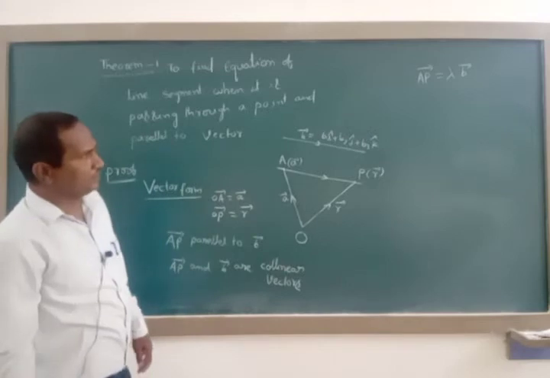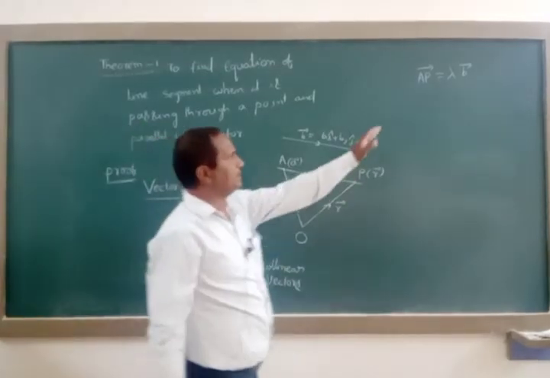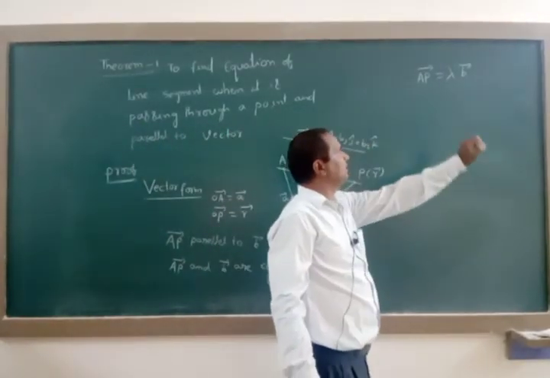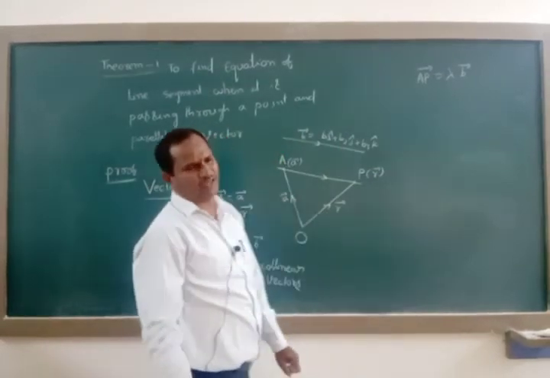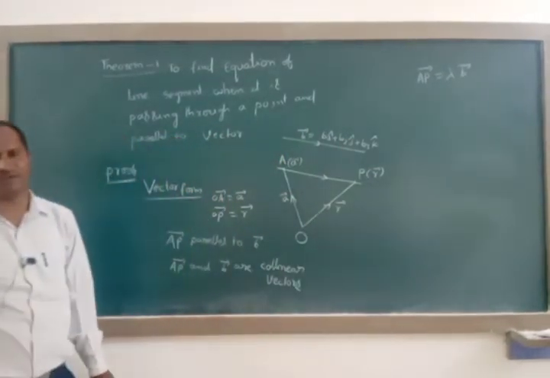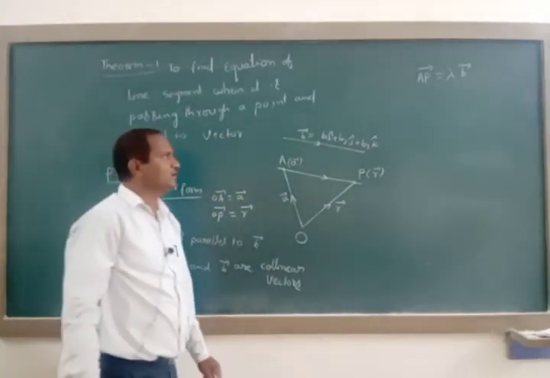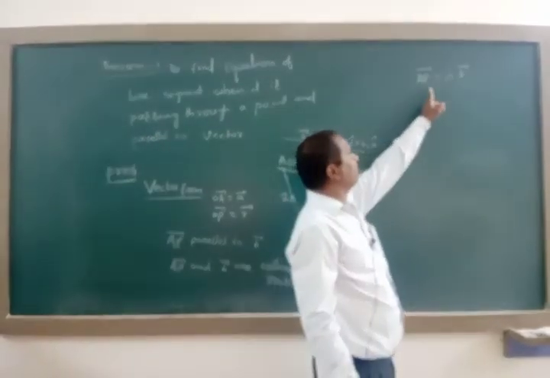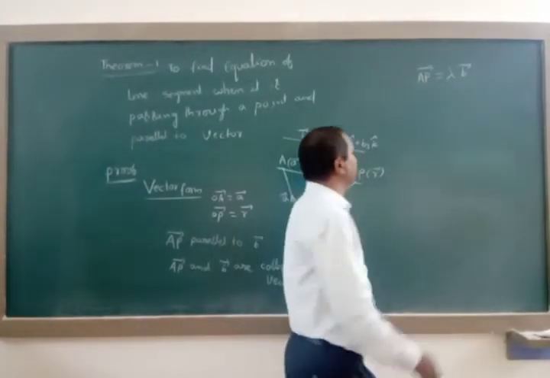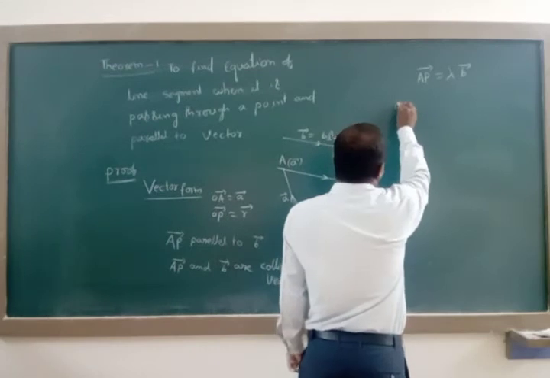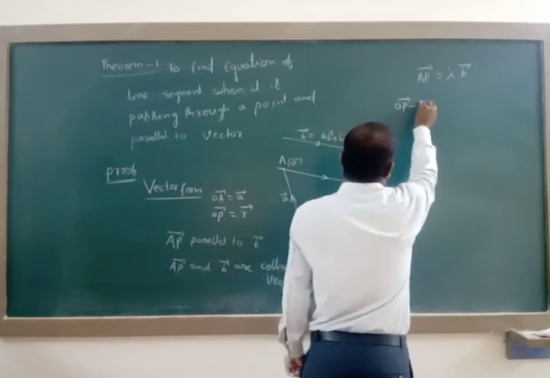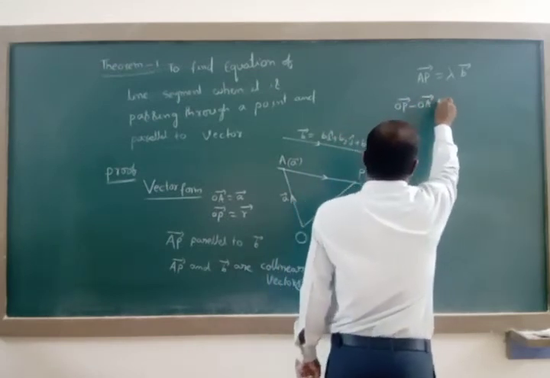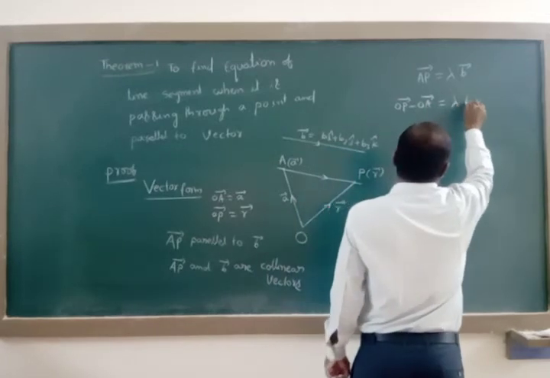Next, convert the left hand side, that is AP vector, in terms of position vectors. That is the position vector of the point P minus the position vector of the point A, that is OP vector minus OA vector, equal to lambda into B vector.